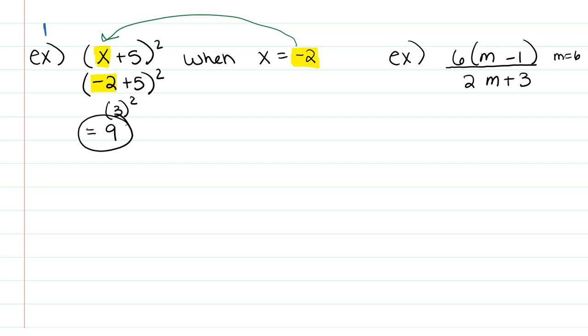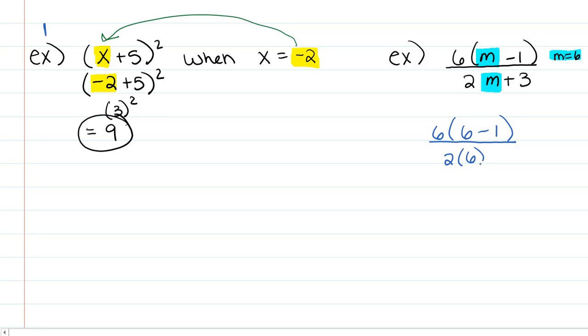Let's do one more. On the right, we have 6 times m minus 1 all over 2m plus 3. And in this case, we're given that m is 6. So if m is 6, we're going to replace every single m with the value 6. So 6 times 6 minus 1 over 2 times 6 plus 3.